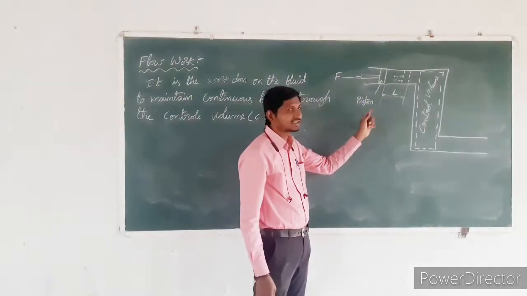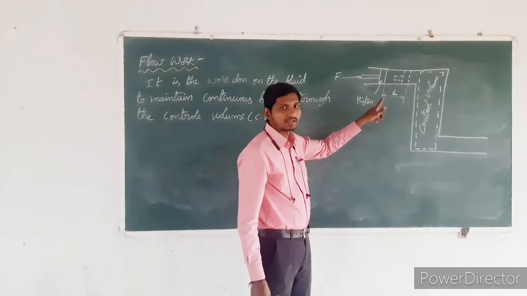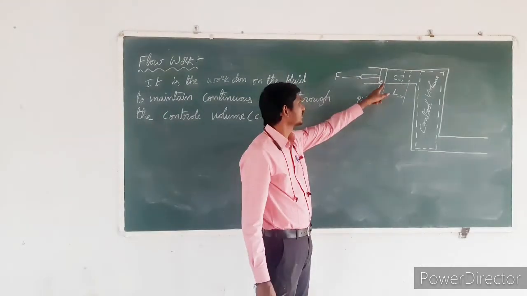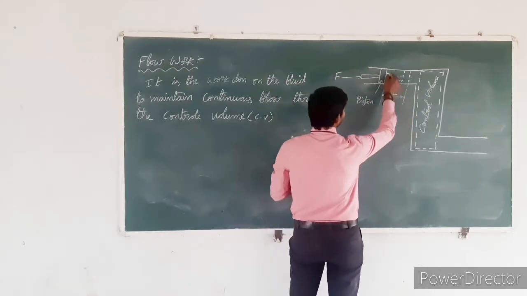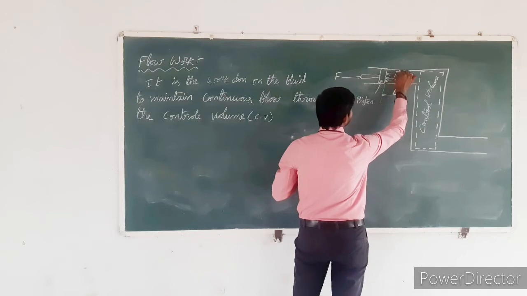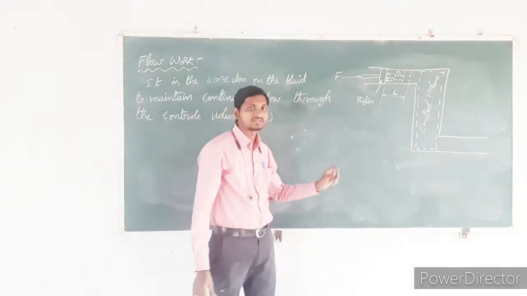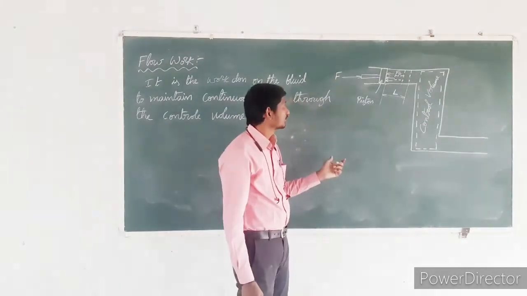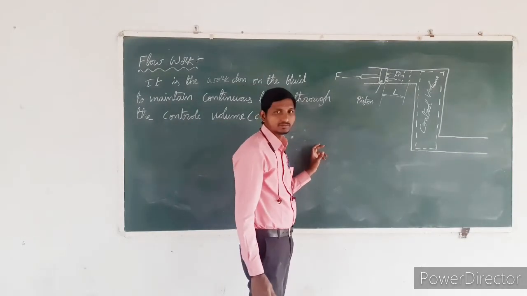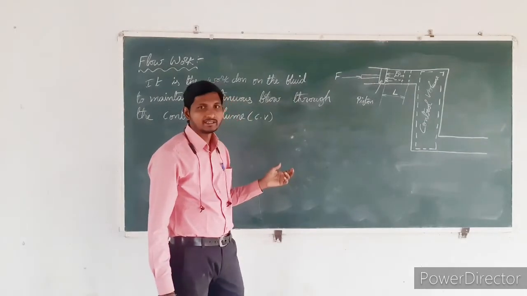So it results in an increment in pressure on the fluid particle, so that the fluid particle offers force due to pressure on the piston surface. Fp means force due to pressure on the piston.